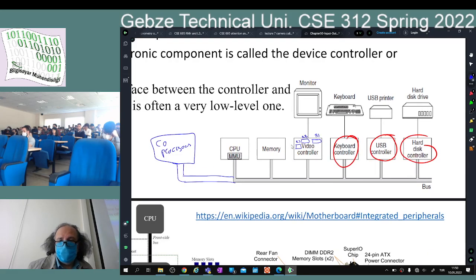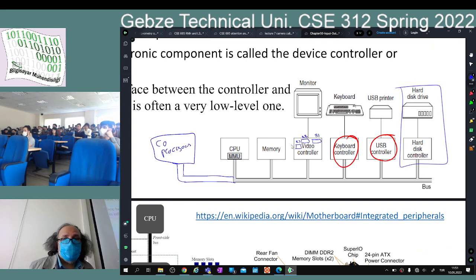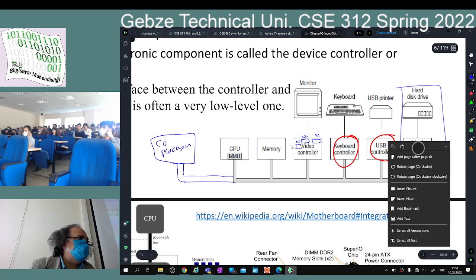In real life, this hard disk controller, along with the hard disk, is another computer with its own operating system. Mostly they are running Linux. And they have multi-processors on them sometimes, more than one processor.